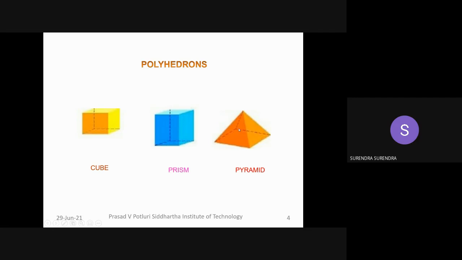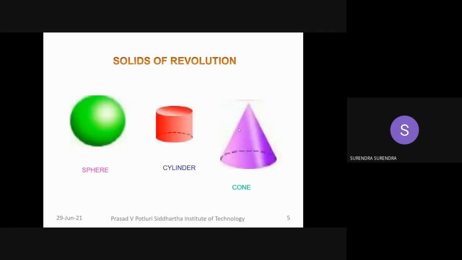So a closed object formed by a number of flat surfaces, plane surfaces, is called a polyhedron. And one more type is solids of revolution. Sphere, cylinder, and cone: these 3 are termed as solids of revolution. Why?